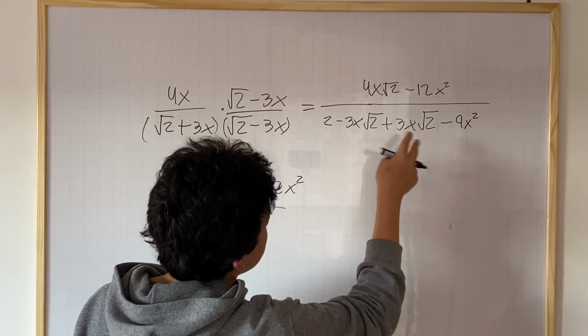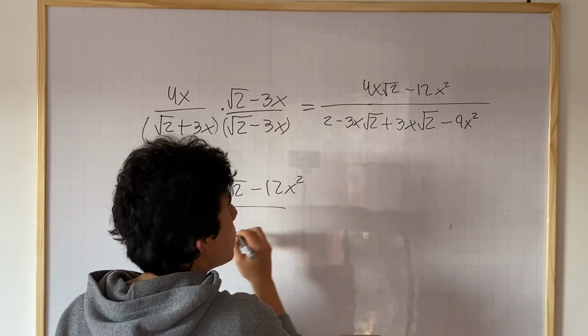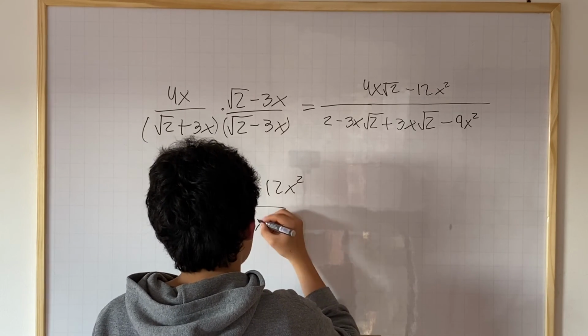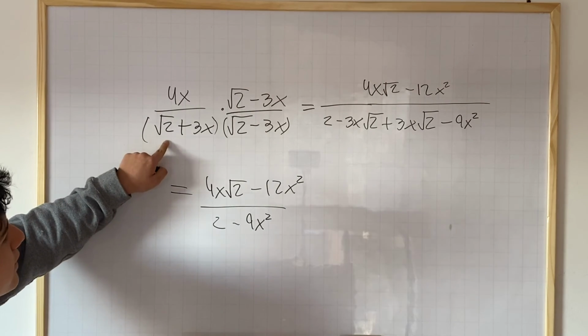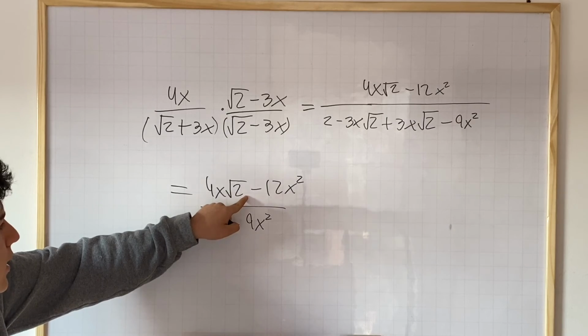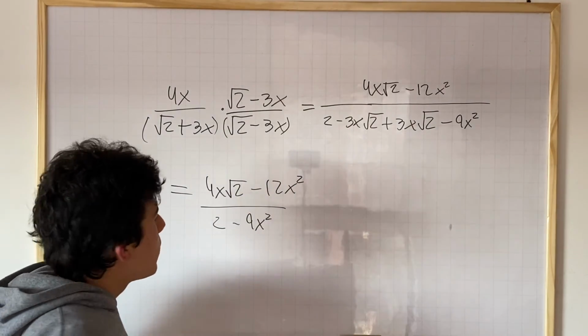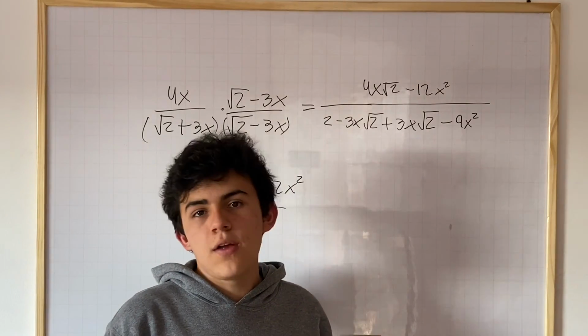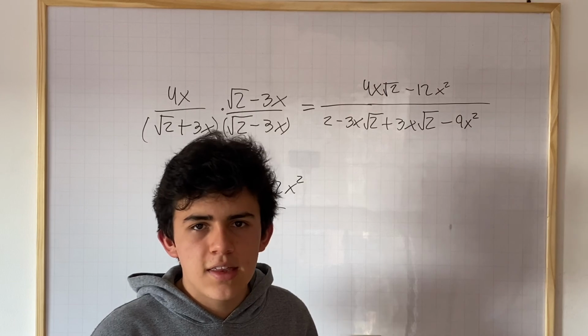Now these two terms go out, they're opposite signs, and now we get 2 minus 9x squared. And now you see, we went from having the radical on the bottom to now having a radical on top, in the numerator. And that's what you can do in order to get rid of a radical in the denominator, or just simply rationalizing the denominator.